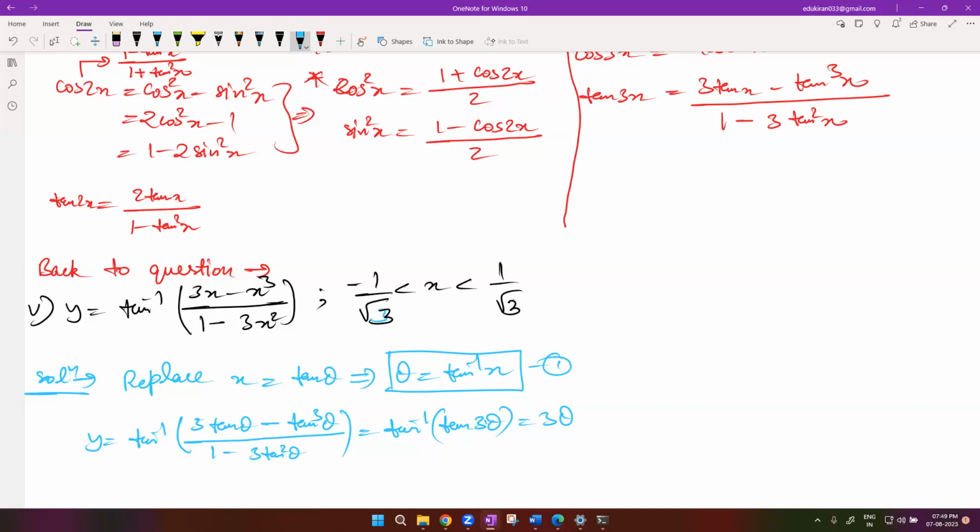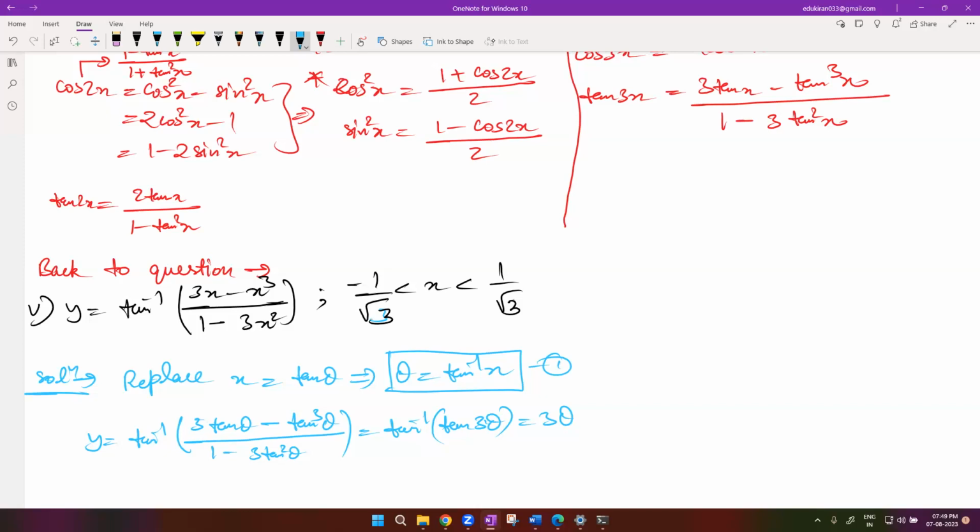Angles can be from minus infinity to plus infinity, you can take any angle. From 0 to 2 pi there is one rotation, and then 2 pi to 4 pi, 4 pi to 6 pi. So there are multiple formulae involved in trigonometry and inverse trigonometry due to these angles.